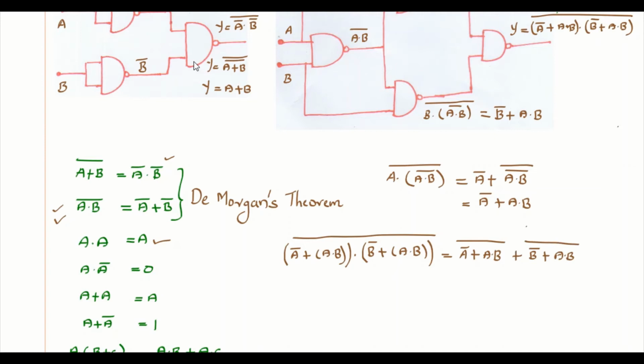Now again we need to simplify that. From De Morgan's theorem we have A plus B whole complement, which is equal to A complement dot B complement. So we need to simplify the right hand side. The first term will be A complement plus A dot B whole complement, that will be A complement complement dot A B complement.